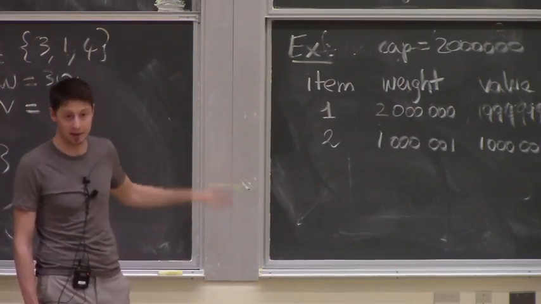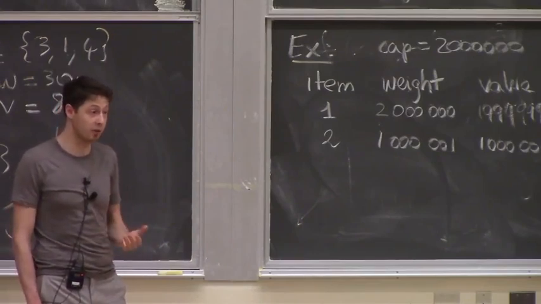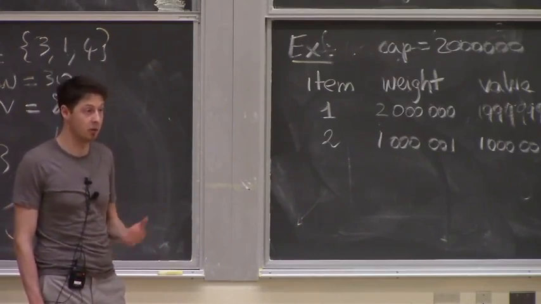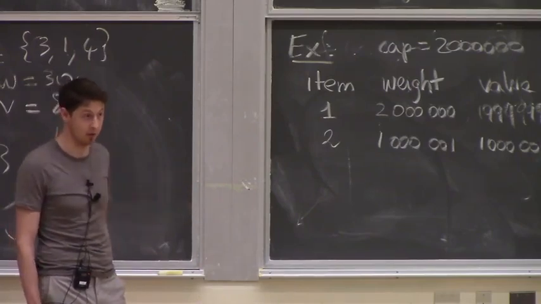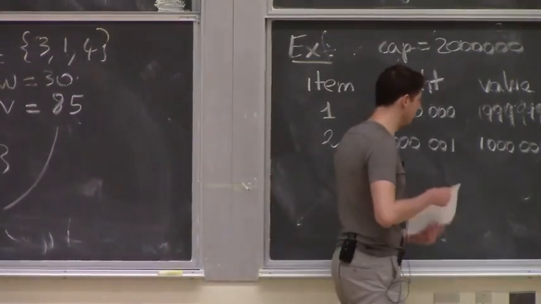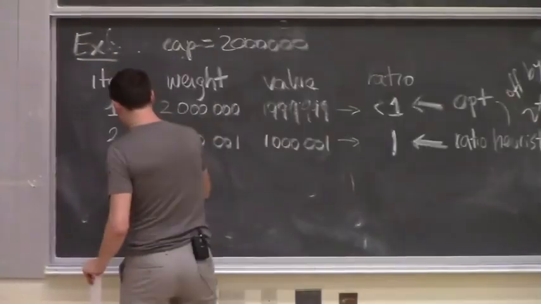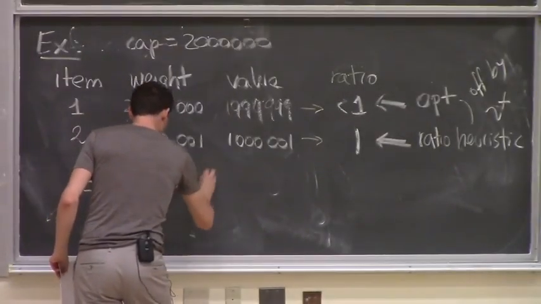But for today, we want to solve things optimally. So we're going to put this heuristic aside as a reasonable guess, as a greedy approach. The conclusion here is that ratio is not optimal.